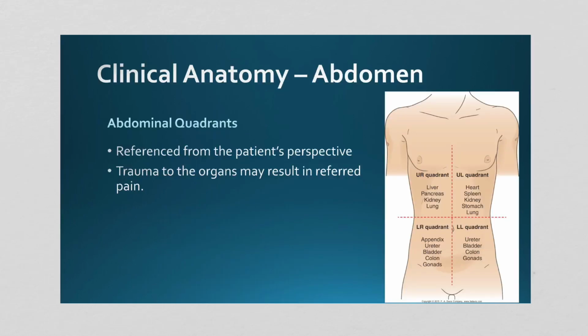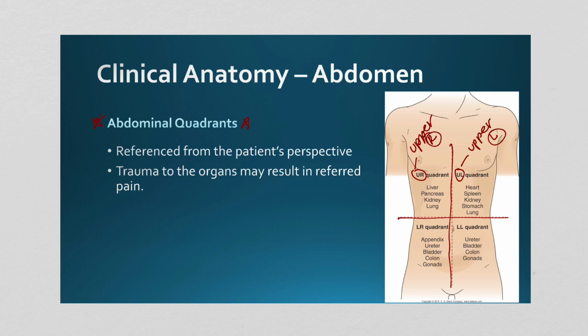There are several different ways to break up the abdominal cavity. The most common way in the field of athletic training is into what we call the four abdominal quadrants. And you can see those four abdominal quadrants listed here. Within each of these abdominal quadrants lives the majority of some specific internal organs. So this UR stands for upper right quadrant, and the UL stands for upper left quadrant.